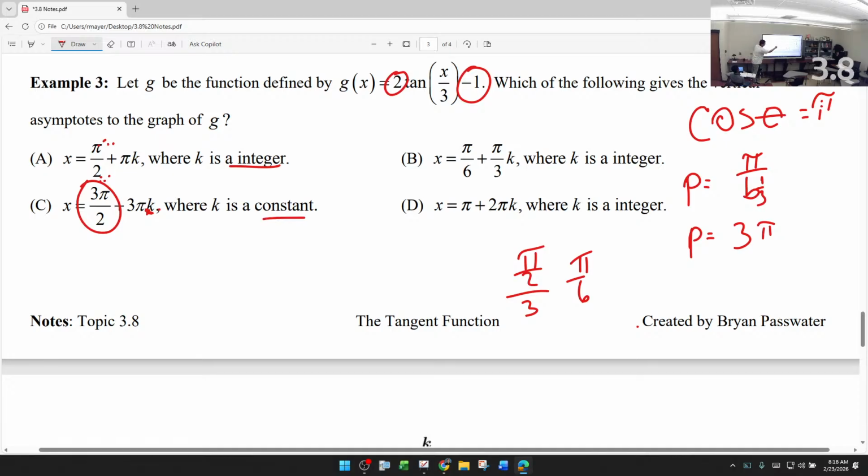Correct. Constant. Yeah. K is a constant. Yes. Your notes say what? It really does? All of yours say constant? Yep. I mean, yeah, constant.